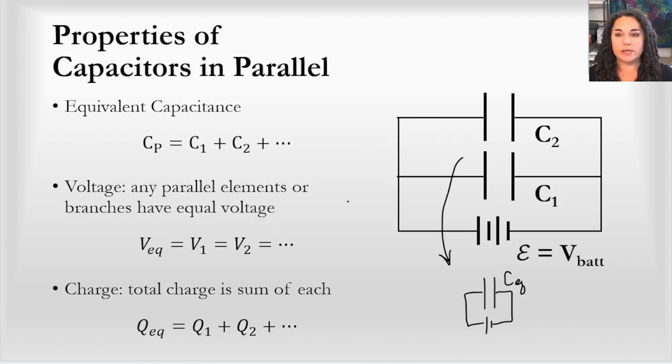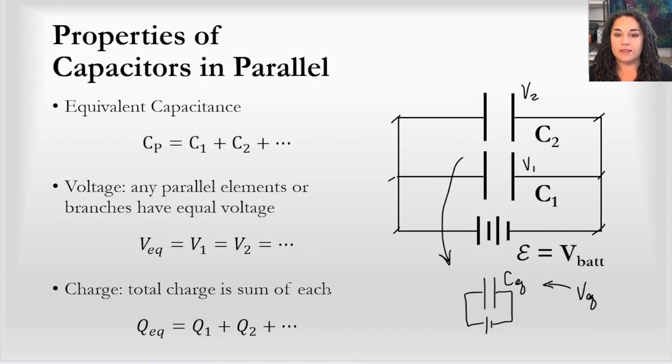Because we know any two circuit elements that are in parallel, and these two are in parallel with the battery, they're going to have the same voltage. So the voltage across here, V2, is going to be equal to the voltage across here, V1, which is going to be equal to the V equivalent for those two capacitors.